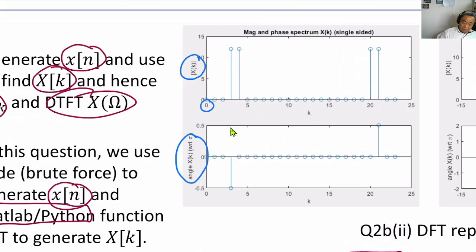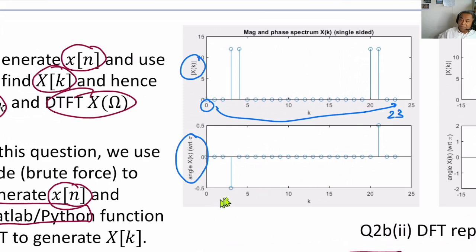We start from 0 to N minus 1, so N is 24, so 20, 21, 22, 23, here's 23. This is stem of k, and then we have the absolute value of xk here. The second one is the stem of k, and this is the angle over here.